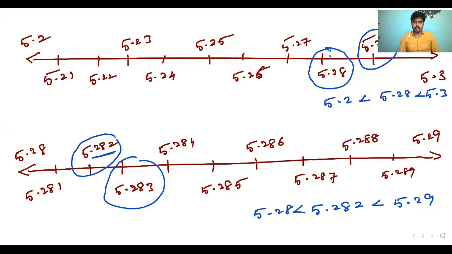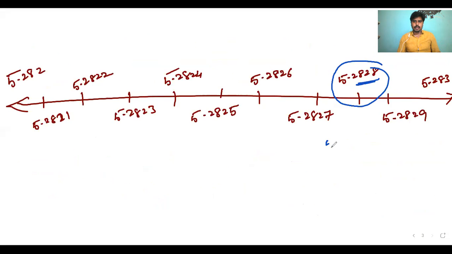Okay, next one: 5.2828 less than 5.283. Okay, any doubts?